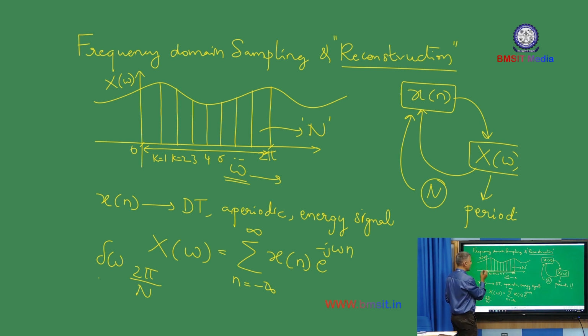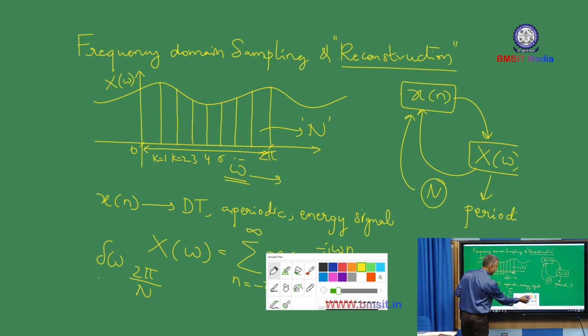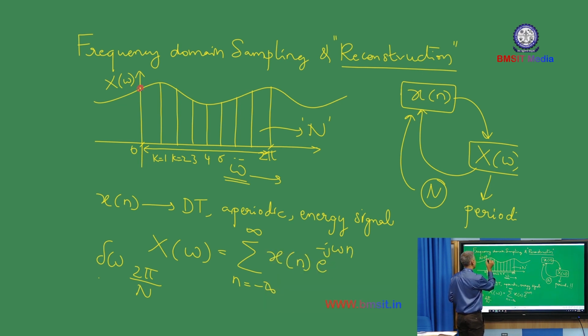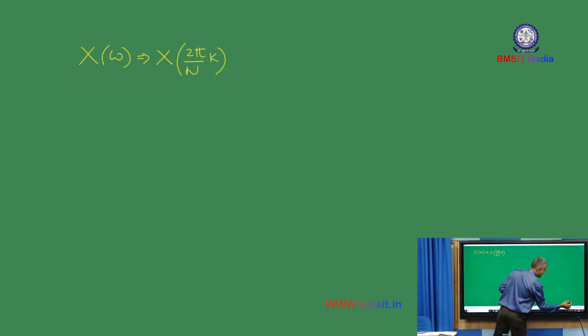So k equal to 0 means the first sample. I'll highlight this sample. This is the first sample, second sample, third sample, fourth sample, fifth sample, sixth sample, and so on till the N minus 1 sample, and again the Nth sample, and so on. So this k represents the sample.